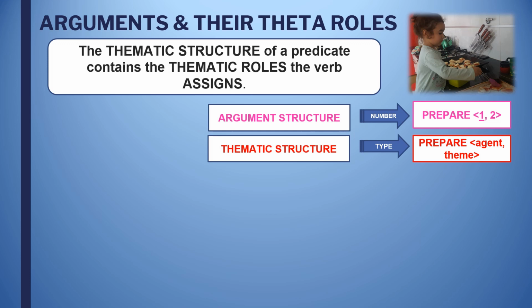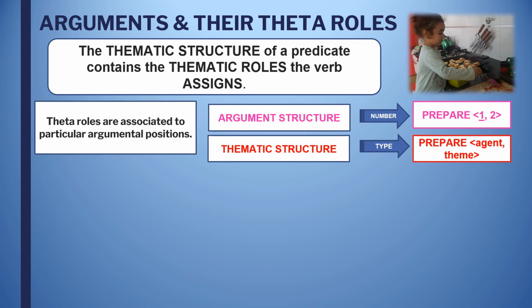The theta role of agent to the predicate's external argument and the theta role of theme to the verb's internal argument. As you can see, theta roles are associated to particular argument positions. In this case, the theta role of agent is assigned to the external argument and the theta role of theme is assigned to the internal argument.